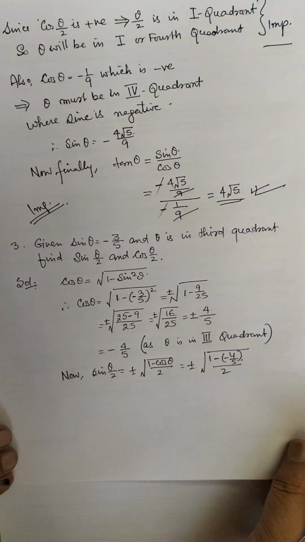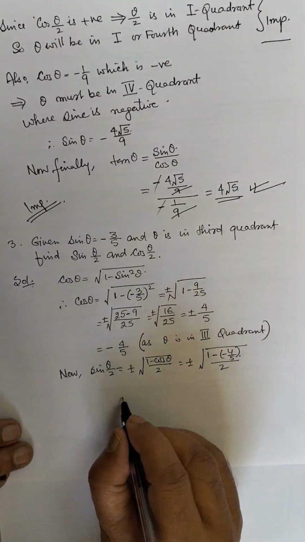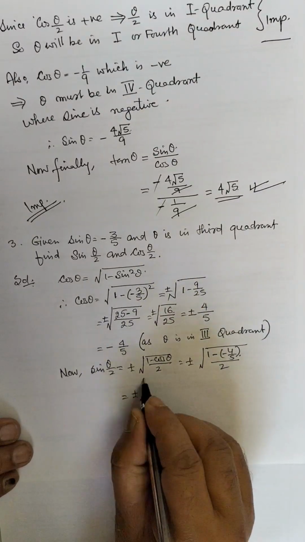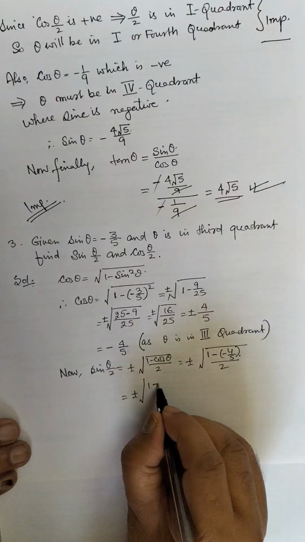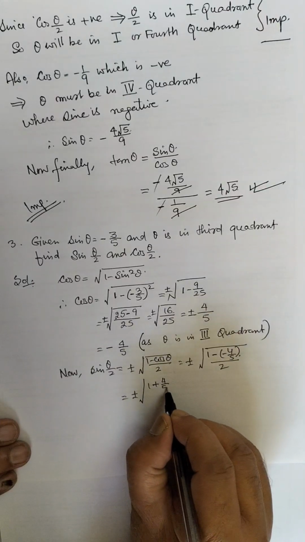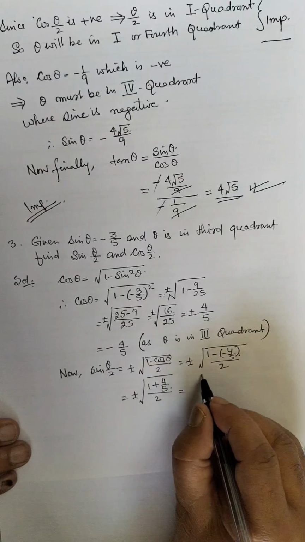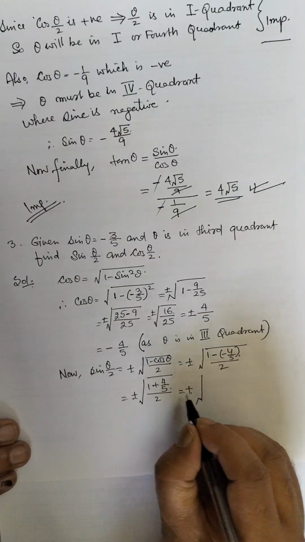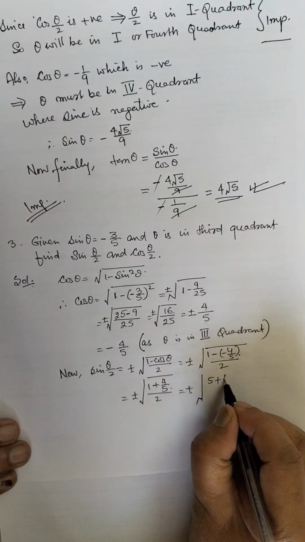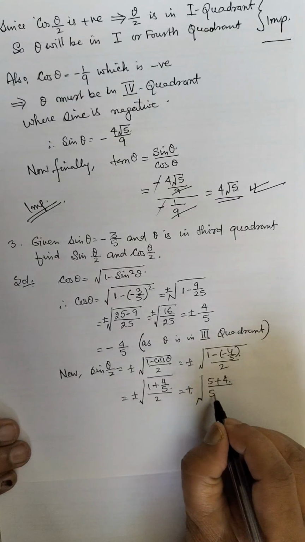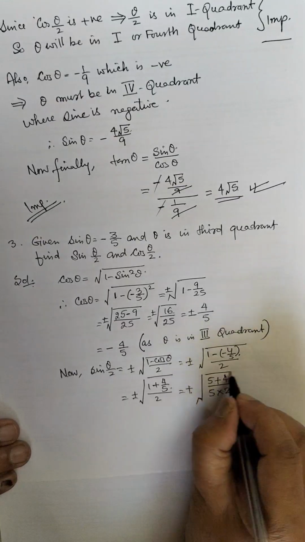And this becomes plus or minus under root of 1 plus 4 on 5 by 2, which becomes plus or minus 5 plus 4 on 5 multiplied by 2.